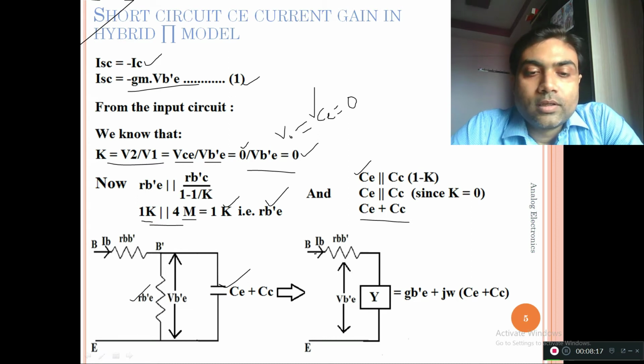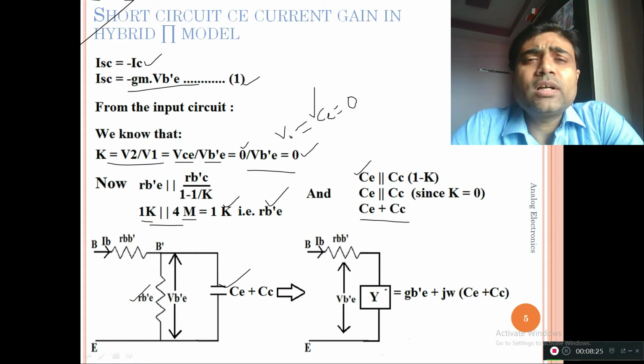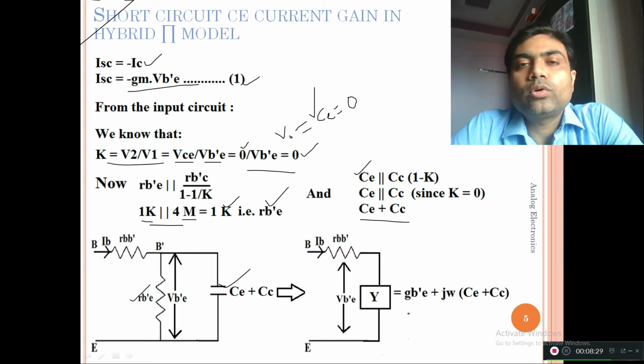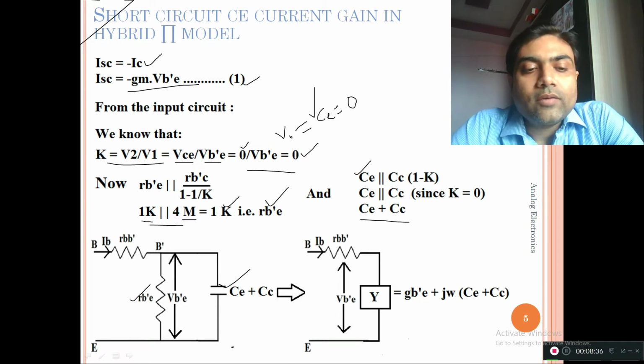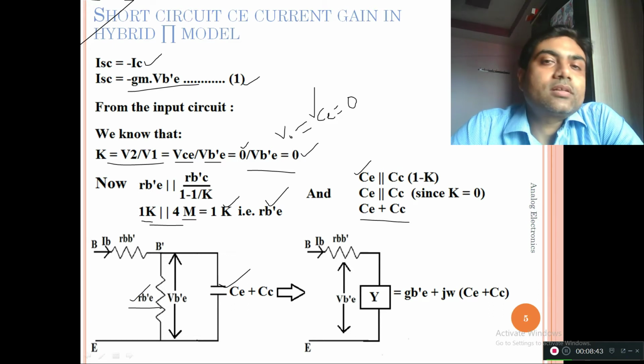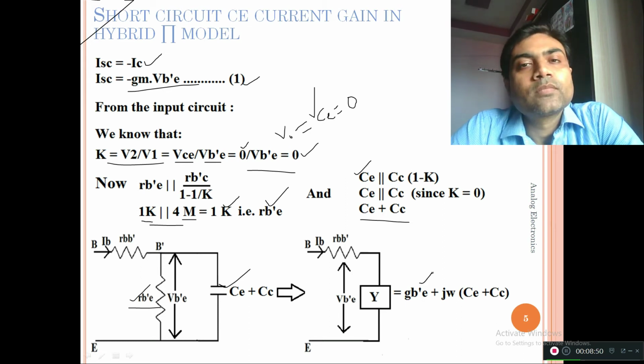Now we can draw the overall circuit in terms of conductances. Why are we converting this? Because we want to calculate the cumulative value. Resistance 1 upon resistance is equal to conductance, so this resistance gives us GB'E.